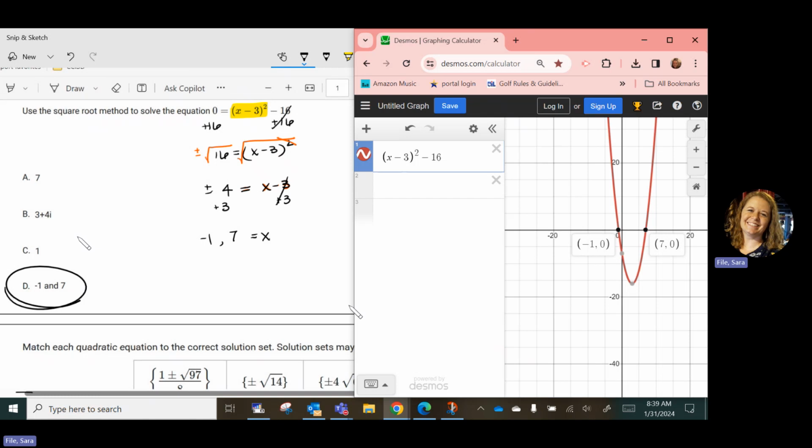Imaginary. If you see an i, you have an imaginary number. This is a complex number. Remember a plus bi form? So this complex number is imaginary. Graphically, if you had an imaginary solution, what would the graph look like? What does that mean in terms of your x-intercepts?